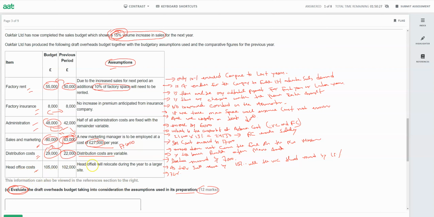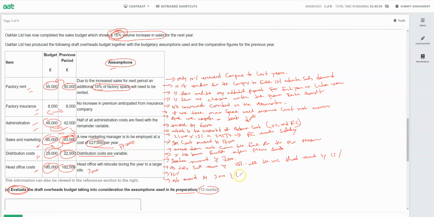Finally, the head office cost 102 to 105. Head office will relocate during the year to a larger site. So if they move to the larger site, 3,000 will be enough. This is the first question. So a small increase on the last year, would expect significant cost to be increased. So we'll say only increase by 3,000.